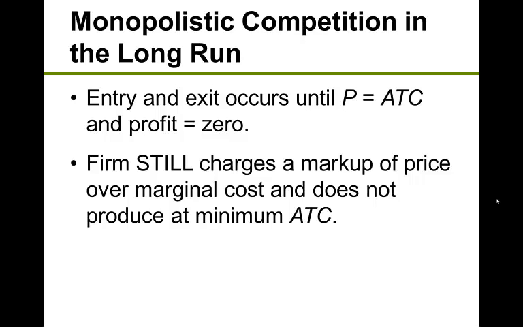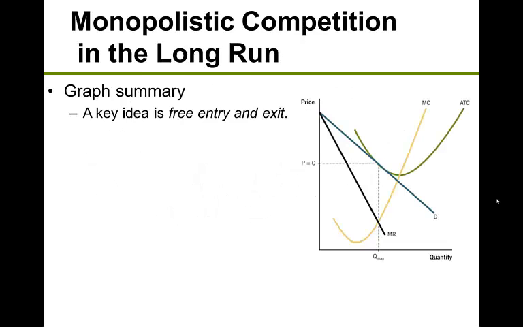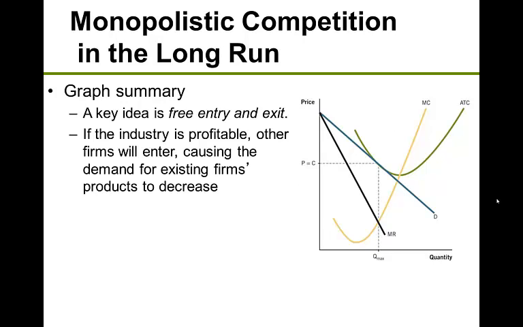So what does this look like graphically? Let's say that our firms are making profits in the short run. Well, new entrants are going to come into the market, and that's going to cause the demand curves for each firm to shift inward.